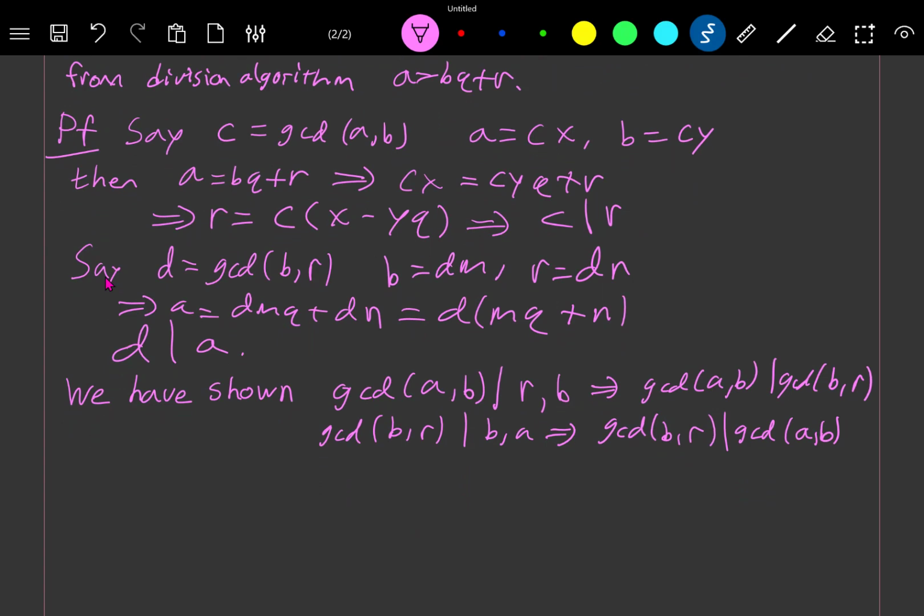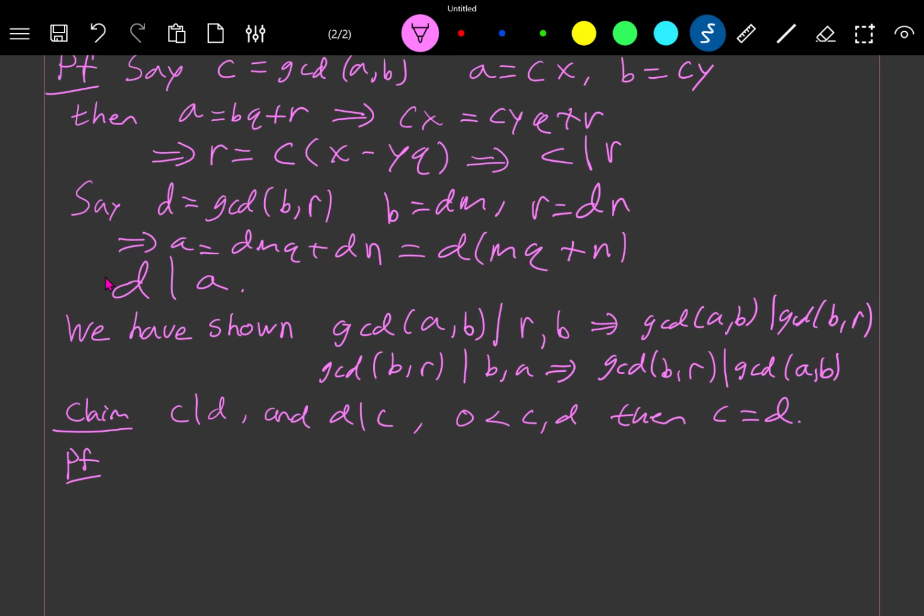what does this mean? Remember, our claim is that if C divides D and D divides C, and we know they're both positive, then I claim that C is equal to D. And this will give us the claim, because we'd have that this GCD divides that GCD and vice versa, and they're both positive.